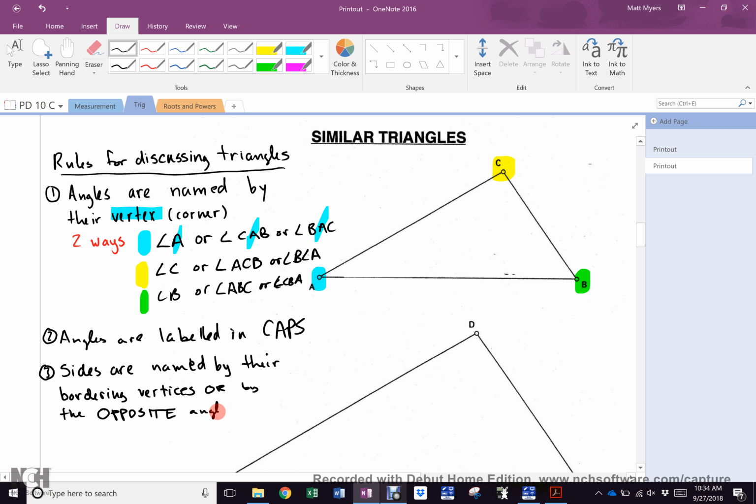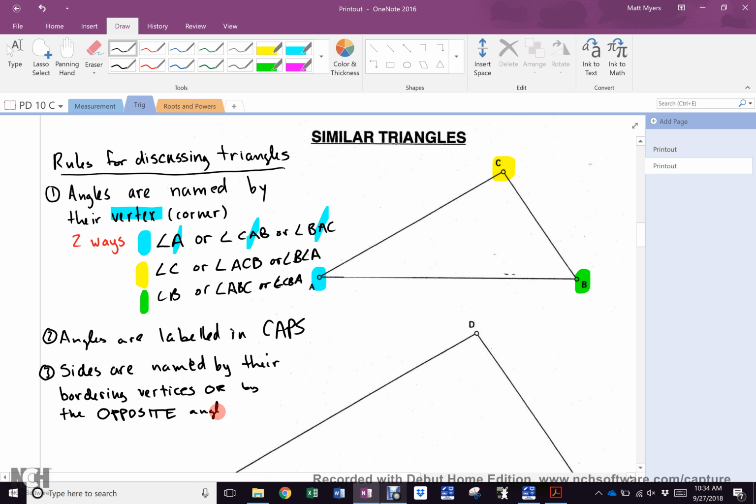That's why I put it there. The opposite angle. What is opposite to this green side? B. So this is side B. Rule 4, sides are labeled lower case. Is everybody with me?